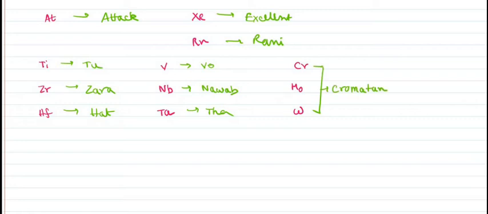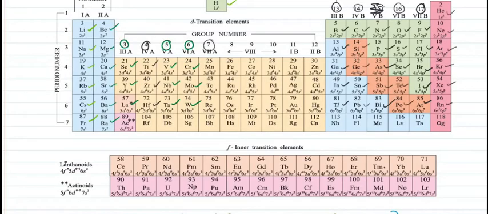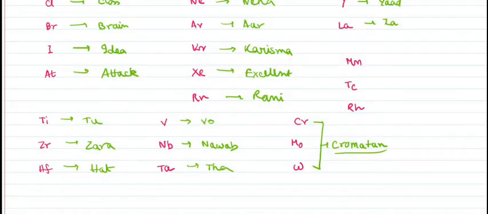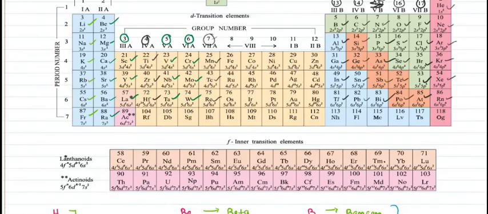We can use all these three together as chromatun. It does not mean anything, but you can use chromatun as this one. In the seventh group we have manganese, technetium, rhenium. Mantak for manganese, technetium, rhenium.